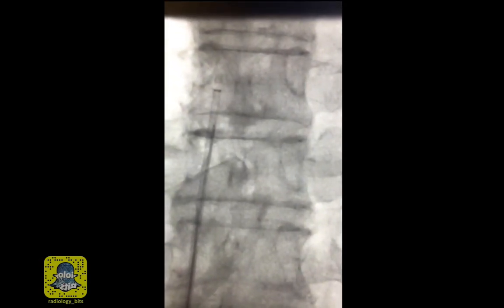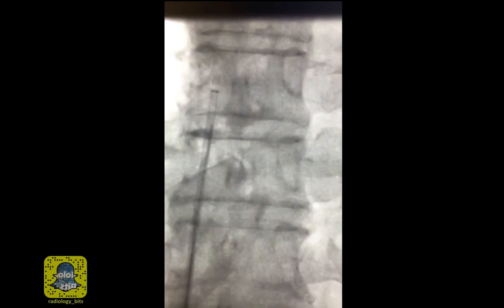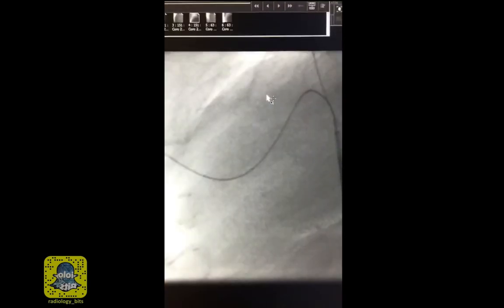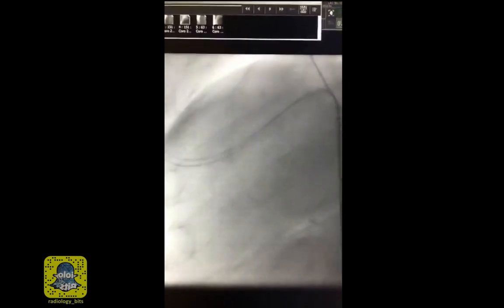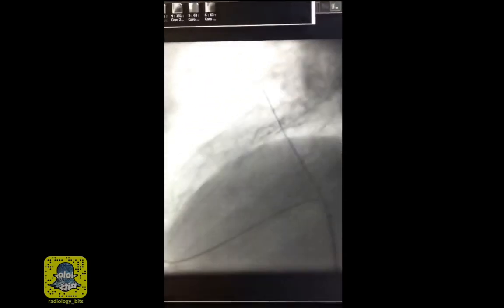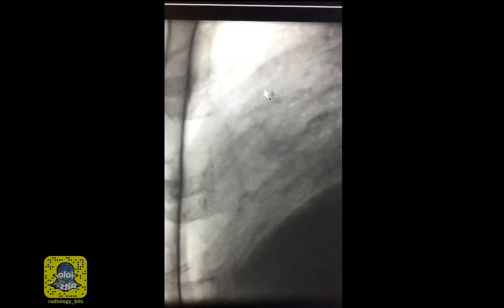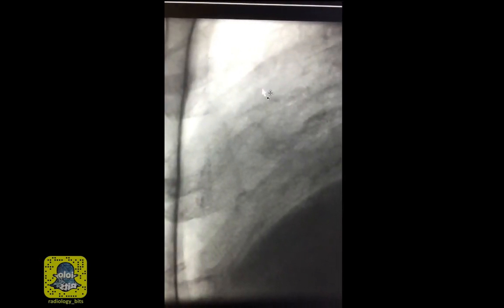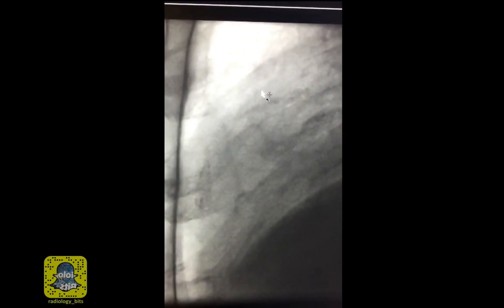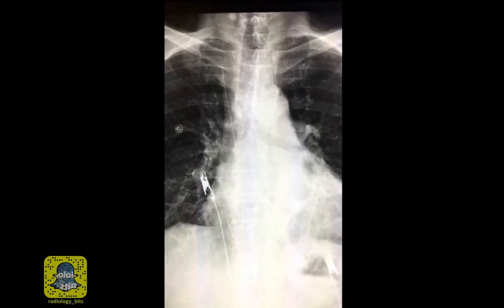Fortunately, the guide wire was not heavily stuck to the SVC to cause problems. Here's the same process on a lateral projection. See how they drag the guide wire? And the guide wire was removed through a transcutaneous vascular intervention without complication.